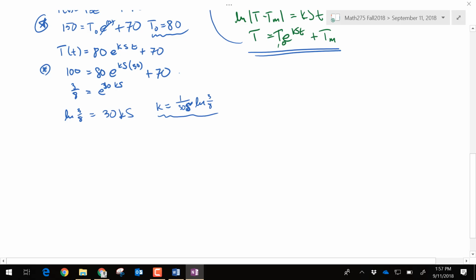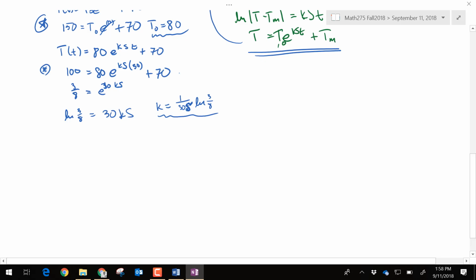But we don't know S yet, but we know that for cup A it is S, cup B will have 2S because it's twice the surface. We're looking for the temperature of cup B, which means we have to translate everything to cup B. And the way we're going to do that is just, instead of S, we'll use 2S.